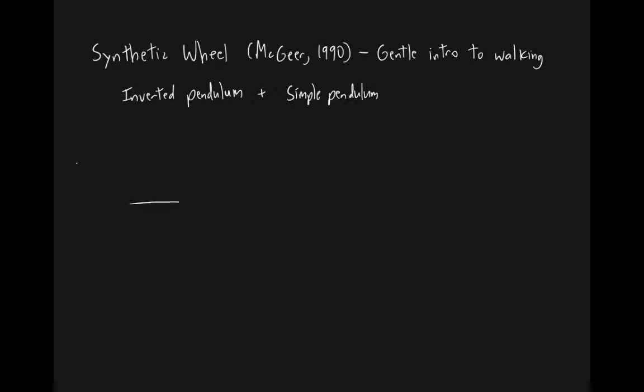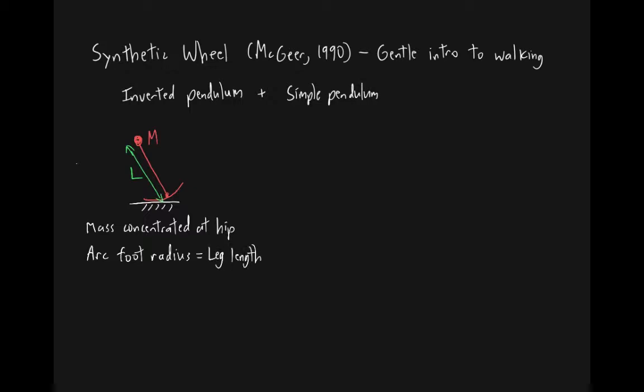The inverted pendulum is going to roll atop an arc-shaped foot, and it's going to have all of its mass concentrated at the hip with an amount of mass capital M. The arc foot has a special feature, which is that its radius is going to be equal to the leg length L, and so this is just going to function like a piece of a wheel and roll just like a wheel at constant speed.